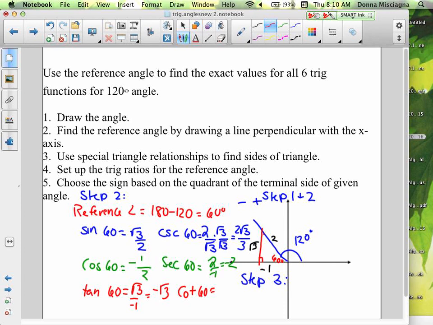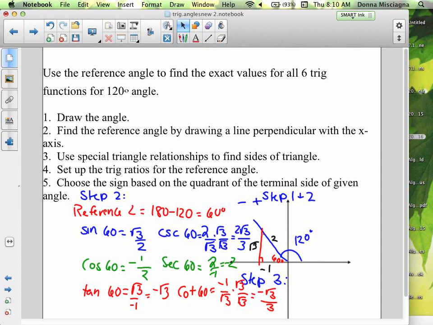Isn't it the opposite? Cotangent is adjacent over opposite, x over y. Yes. You didn't give me an x over y. Oh, it's negative 1 over square root of 3. There you go, it's the opposite. Okay, I get it. And then we have to rationalize it. When we rationalize it, that would be -1 square root of 3, yep, negative square root of 3 over 3.